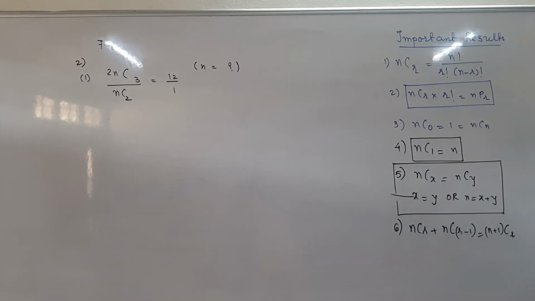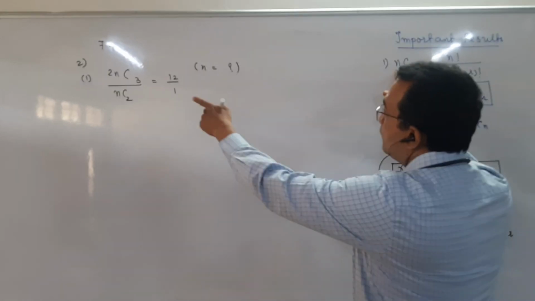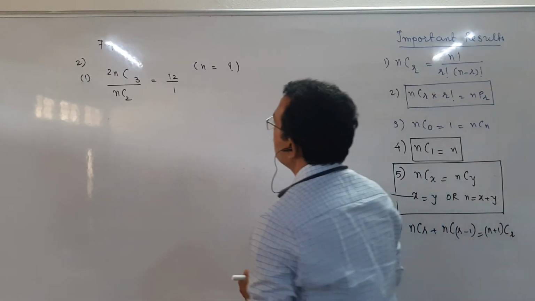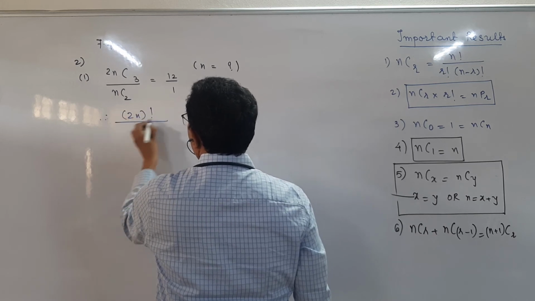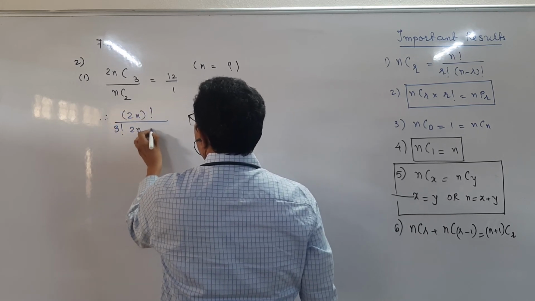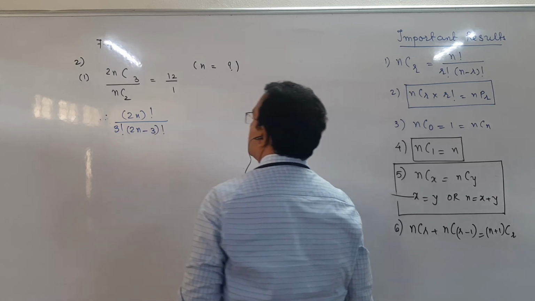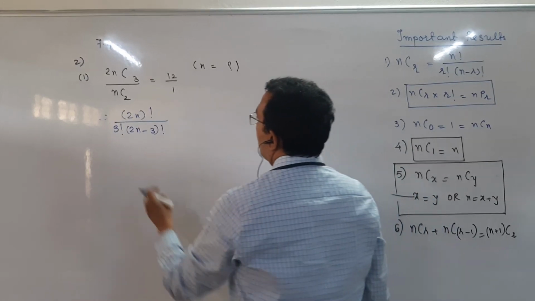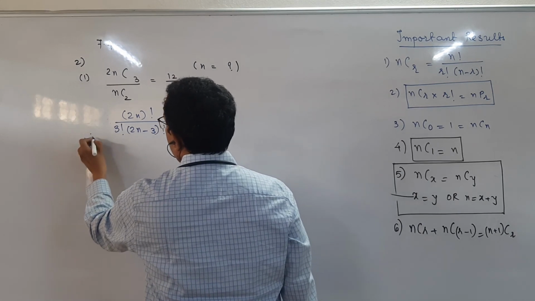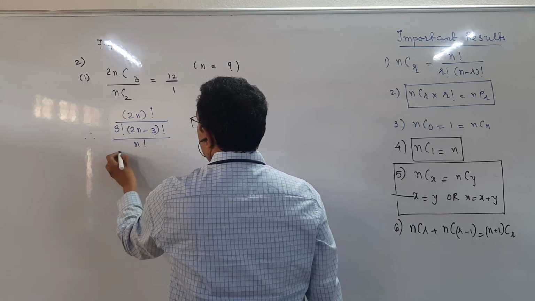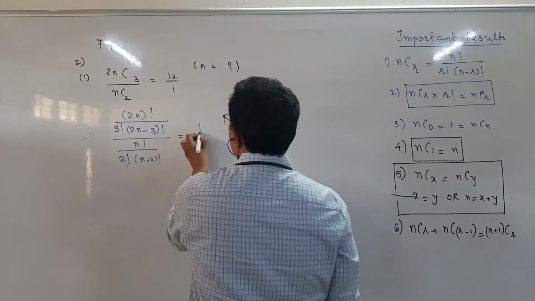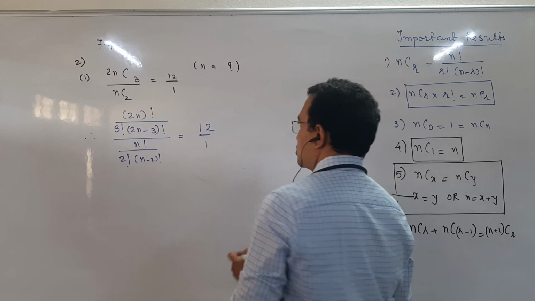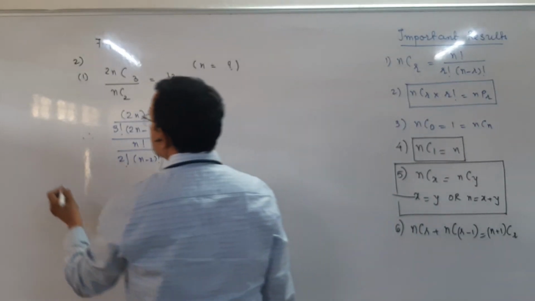Okay. So in the first step, we have to apply the formula of nCr, but instead of n, I have 2n. So wherever there is n, we will write 2n. No problem. 2n factorial upon r factorial, r is 3, and 2n minus 3 factorial, upon n factorial, r is 2, n minus 2 factorial is equal to 12 is to 1. So observe this step.